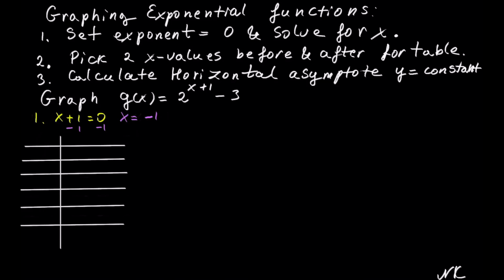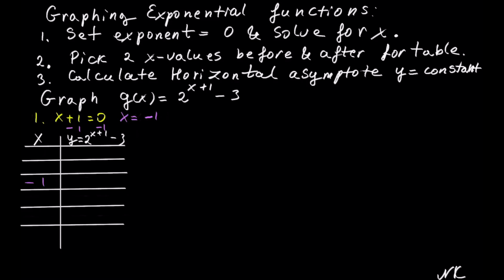So here we have a table for x and y values. We calculate y by plugging x values into 2 to the x plus 1 minus 3. The middle point is when x is equal to -1. That's the center of the graph. From there we pick two x values before and after.